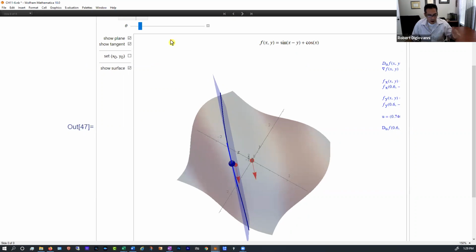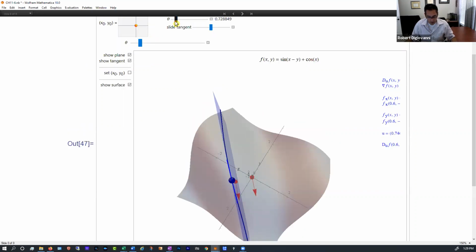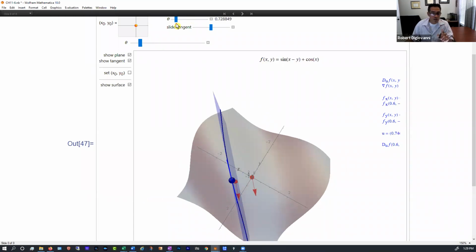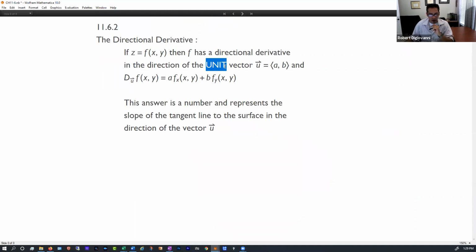And so whichever way I want to start turning, that vector starts turning, right? And the important thing is for this formula to work, that vector on the ground must be a unit vector. Has to be a unit vector in order for the formula to work. So that's why this is all capitalized.